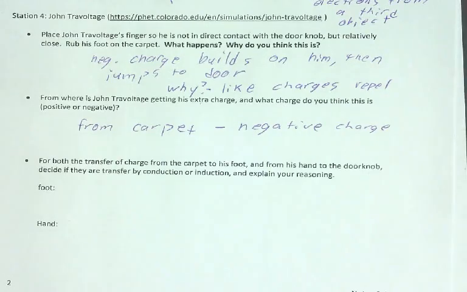Conduction is when you transfer directly from object A to object B. Induction is where object A is brought near. It causes object B to be polarized, and then object C either adds charge or removes charge from object B. Then you take object A away, and you're left with whatever's left over.